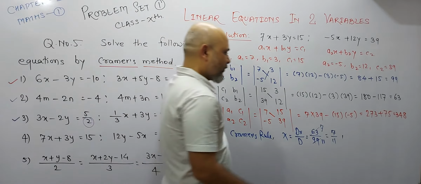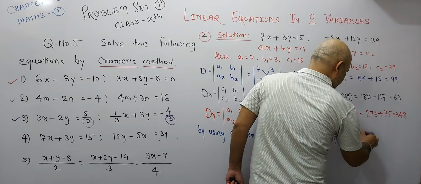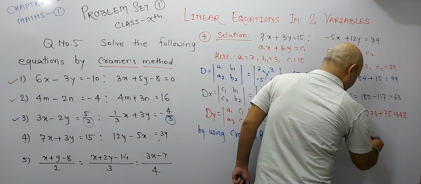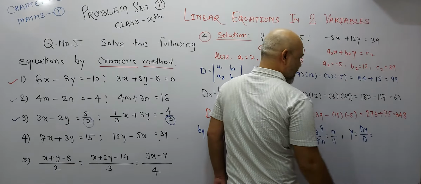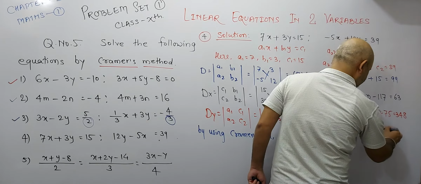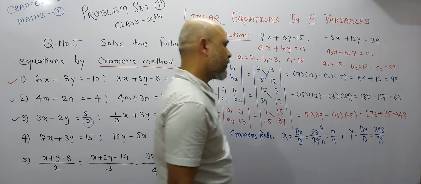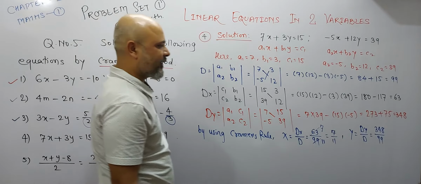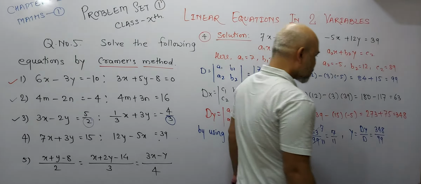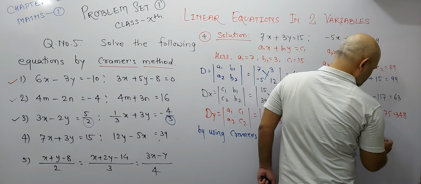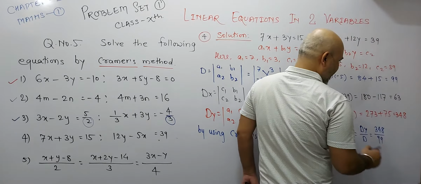Similarly, we'll find the value of y. y is dy divided by d, and dy is 348 and d is 99. So again you will divide by 3 only, not 9.